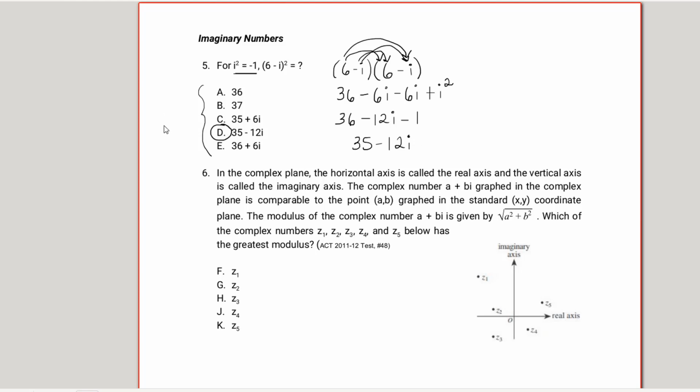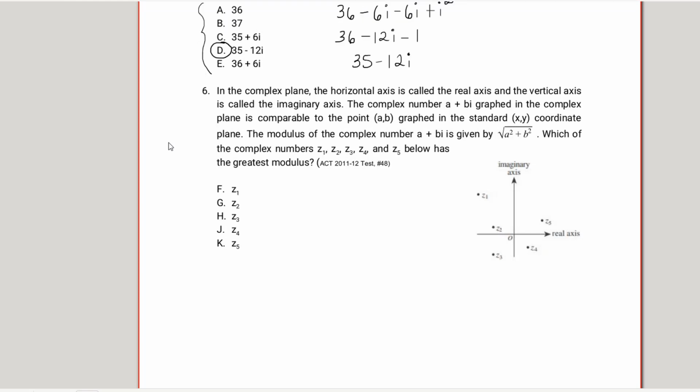That looks good. Now let's take a look at number 6. In the complex plane, the horizontal axis is called the real axis. We're talking about this right here. And the vertical axis is called the imaginary axis. The complex number a plus bi is graphed in the complex plane, comparable to the point (a, b) graphed in the standard xy plane.